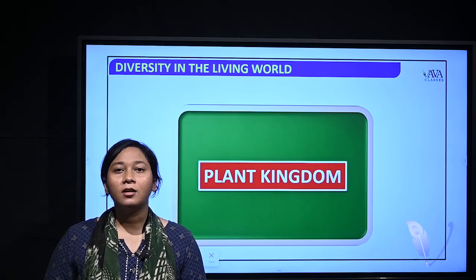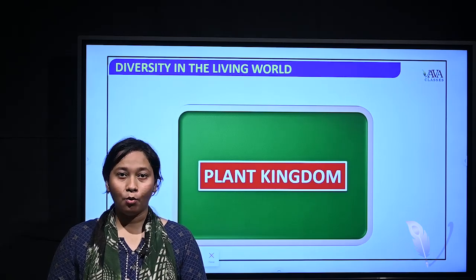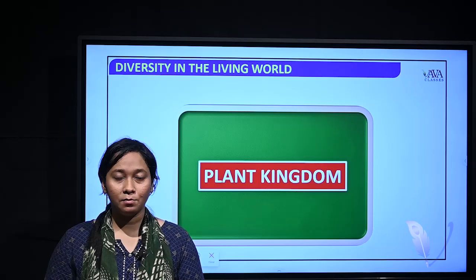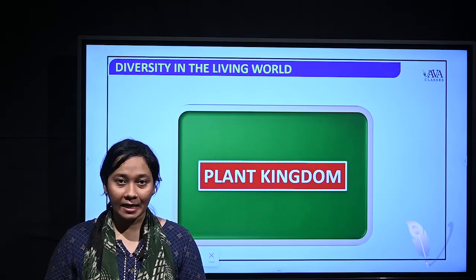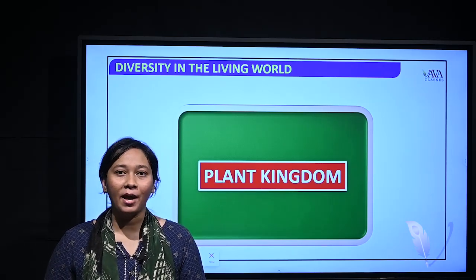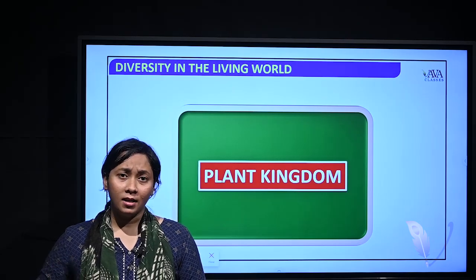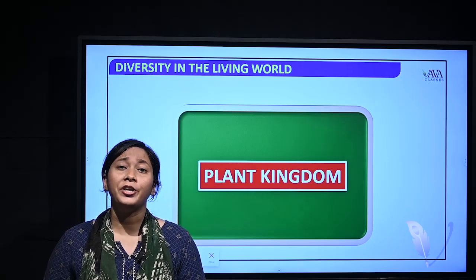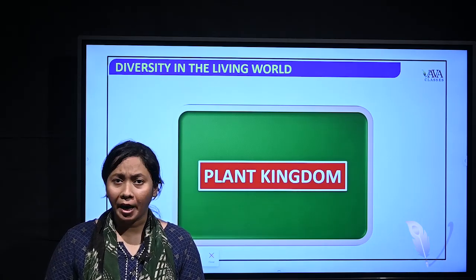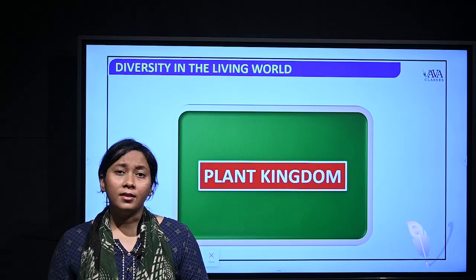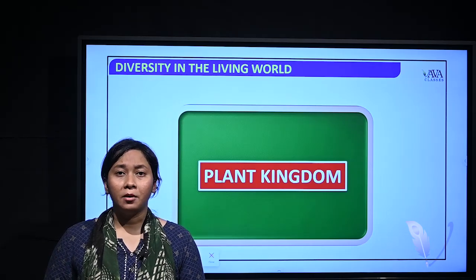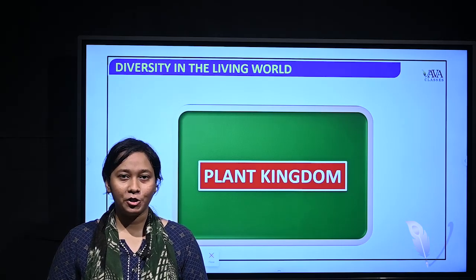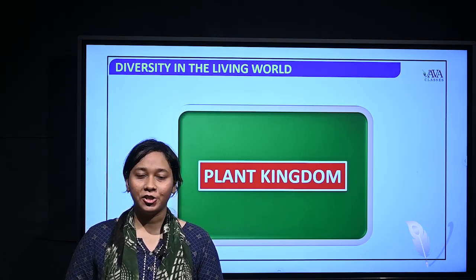First, the two kingdom system of classification came, where Carolus Linnaeus divided the diversity of organisms into two kingdoms, Kingdom Plantae and Kingdom Animalia. Next, the 3 kingdom system of classification came, and another important kingdom, Kingdom Protista, was added, which was given by R.H. Haeckel.